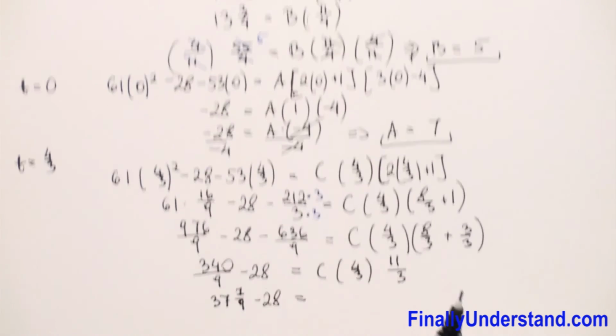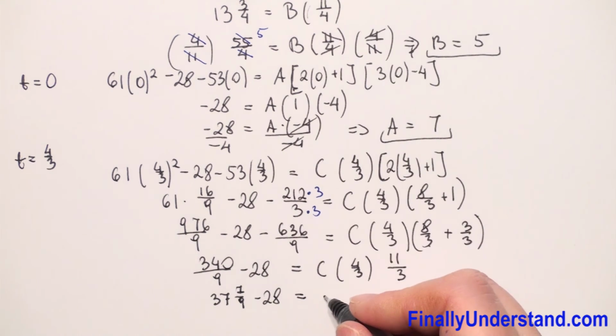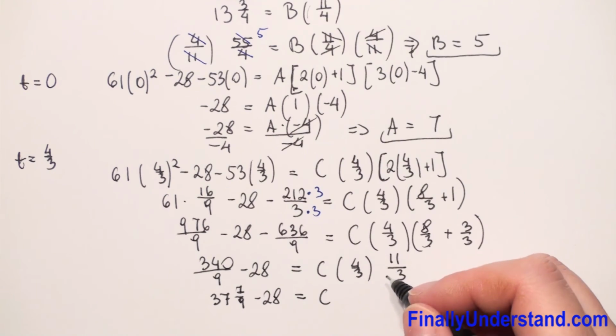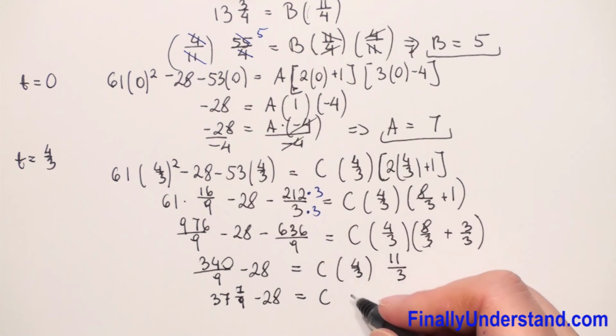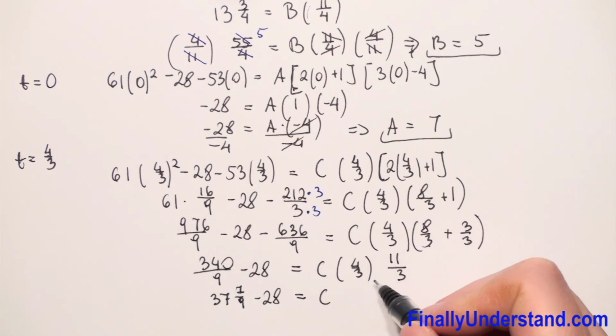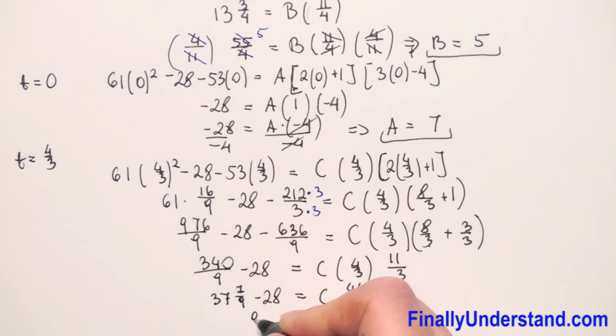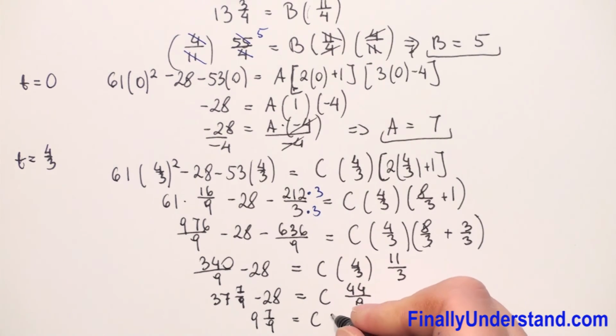This is equal, and on the right side we have to do multiplication, fraction times fraction, so we multiply numerator times numerator, denominator times denominator. So we have 4 times 11 is 44, 3 times 3 is 9. 37 minus 28 is 9, so we have 9 and 7 over 9. This is equal c times 44 over 9.